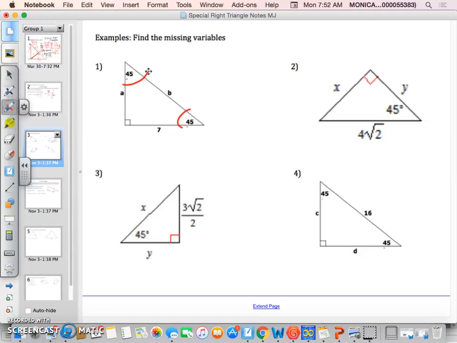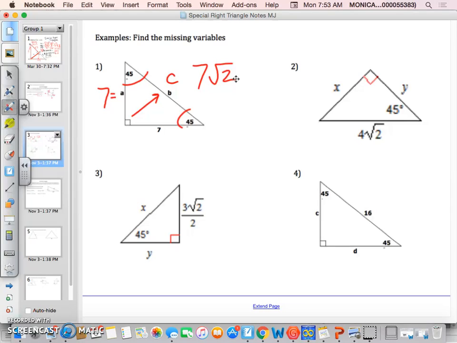And so if I wanted to find A, this is a leg. This is technically C, the hypotenuse, because it's across from the right angle. I know that this leg is 7, so I know this side here is also going to be 7. And then I know that this side, the hypotenuse, is just going to be 7 times the square root of 2. And I can leave it like that because the square root of 2 is in simplest form.